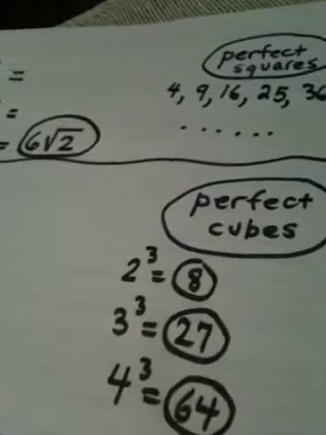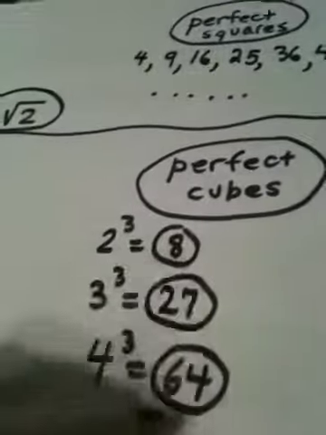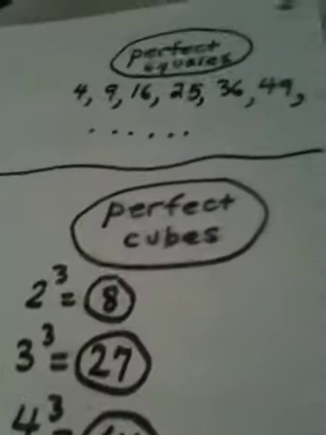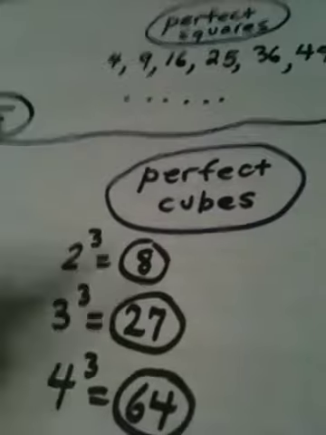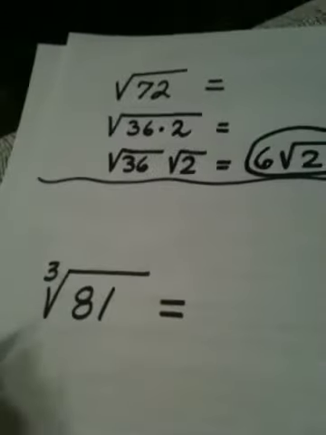Okay, that's big enough. Look over here. We're trying to find a number from this list of perfect cubes that goes nicely into 81. And sometimes you need to use your calculator, but you'd find out that 27 divides into 81 3 times.